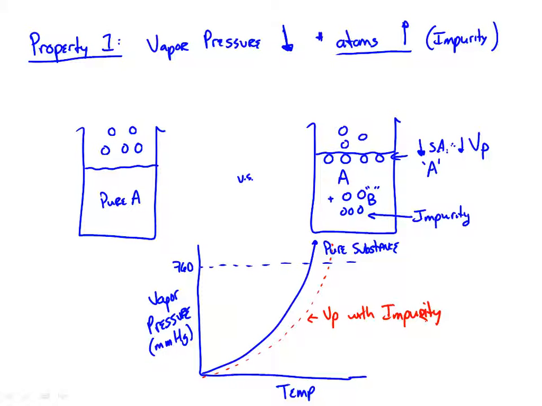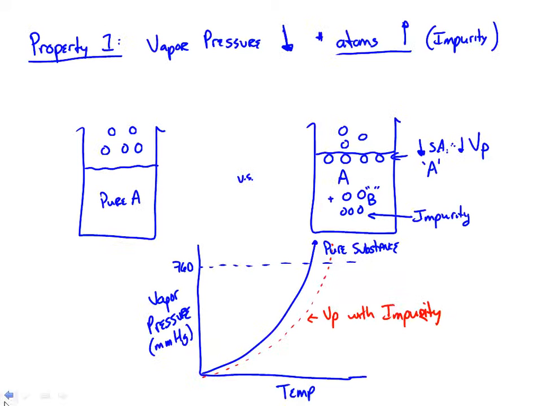Okay, so the first property is that if I add something to a pure solution, it decreases the vapor pressure. The second one is what happens to the boiling point. So we're comparing a pure solution A versus a solution that has some impurity in it.